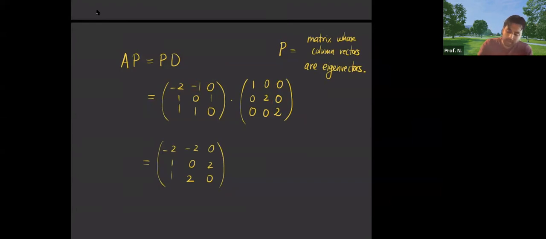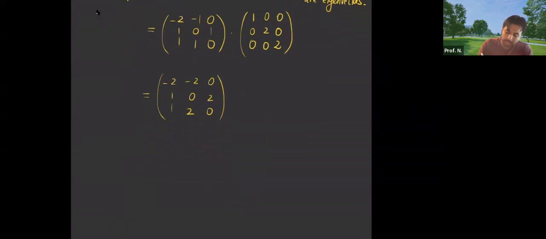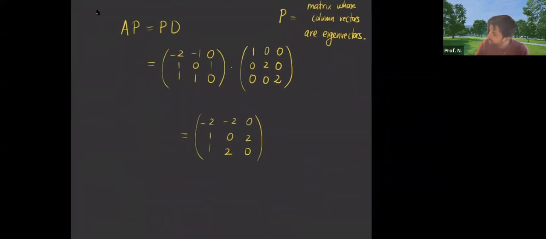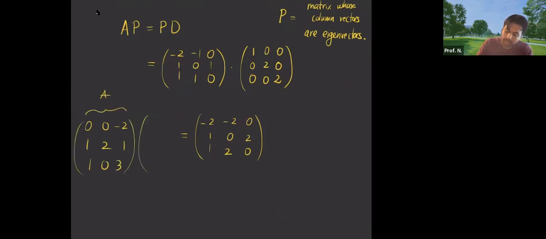And then what would be A? A would be, we started out with what? 0, 0, -2, 1, 2, 1, 1, 0, 3. So that's A. And then P is the same column vector here, -2, 1, 1, -1, 0, 1, 0, 1, 0.